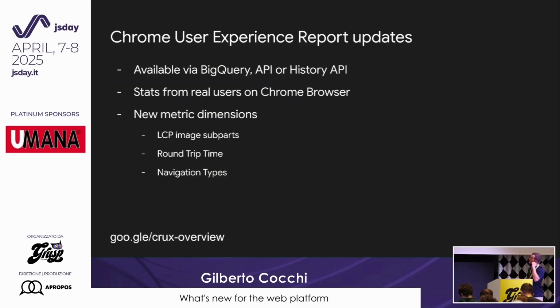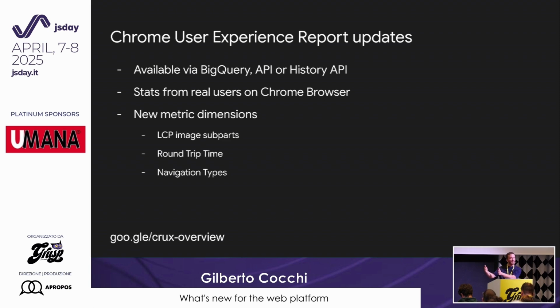Now, I'm going to do a quick update about what Chrome delivered in terms of updates for the Chrome User Experience Report. For those who don't know what the Chrome User Experience Report is, it's the dataset that provides data about your site's Core Web Vitals stats. Do you know Search Console, PSI, Lighthouse?